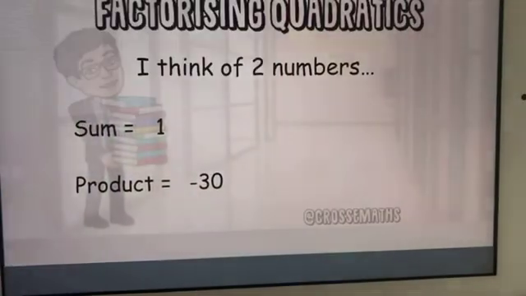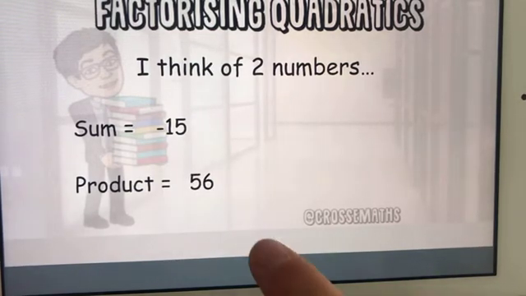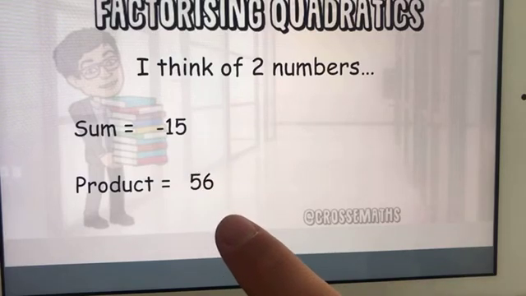Last one. Two numbers that add to make negative 15 and times together to make 56.